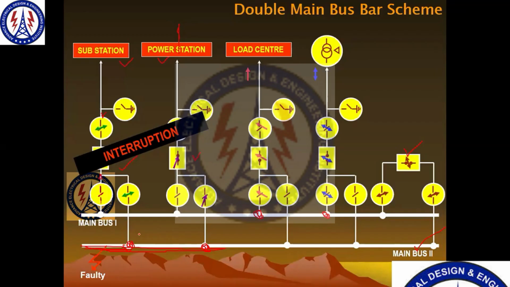So what you will do now, these three circuit breakers will automatically be in trip condition, and then you just close this isolator, because an isolator is an offload device. So you just close this isolator and open this isolator.